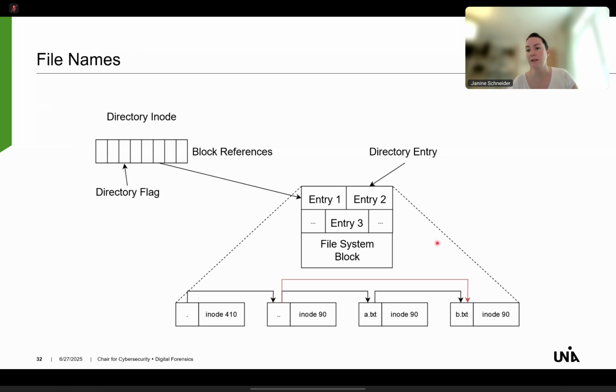There can also be slack space, you can call it that if you want. But yeah, this residual data from these directory entries can still be there sometimes. So sometimes it's possible to restore file name data in the directory entry list.